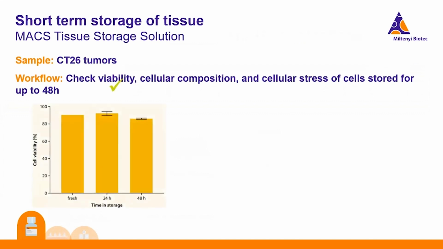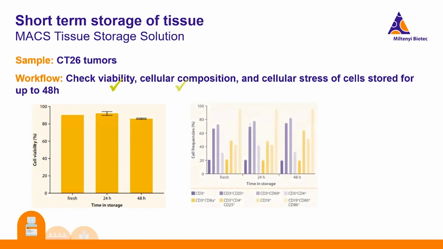We checked the viability after 24 and 48 hours, and we see that even after 48 hours, the viability is still in a very great range. We looked at cellular composition after dissociation of those tissue samples, and see there's actually barely any effects visible on those cellular compositions compared to the fresh sample.